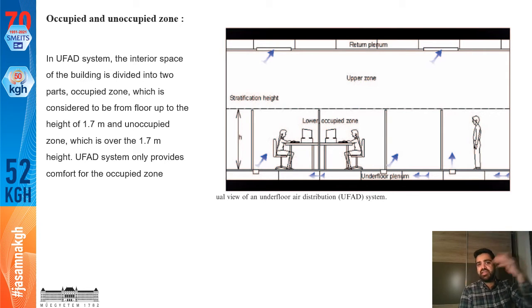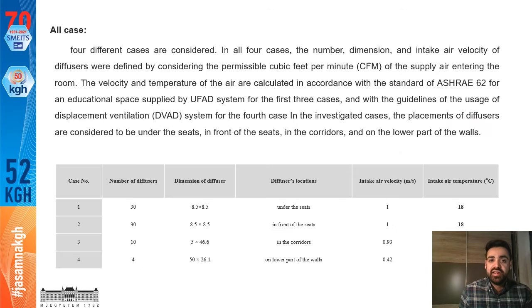So above that we consider it an unoccupied zone. The reason is that we wanted the most correct and the minimum area, to find out what is really going on where people are sitting and at their height. So, as mentioned, 4 different cases are considered.